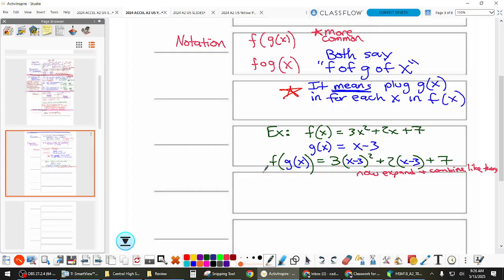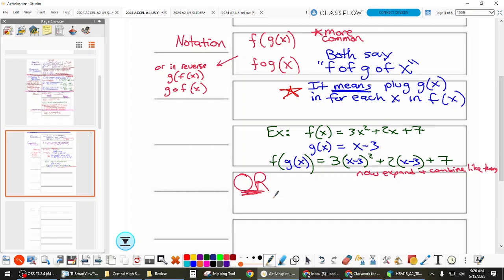Well, I guess just up here, let's just put it out to the side. Or in reverse, g of f of x, g of f of x. Okay? So for, actually, let's not complicate this.